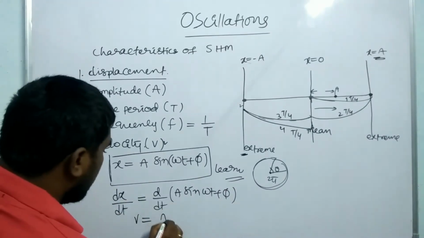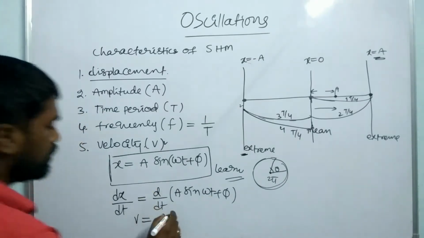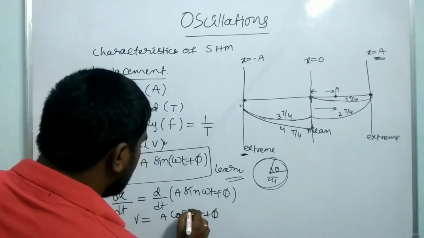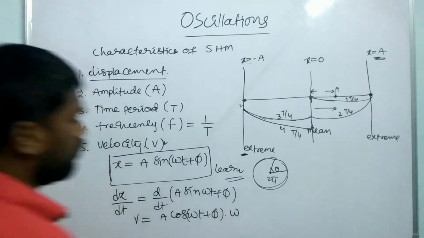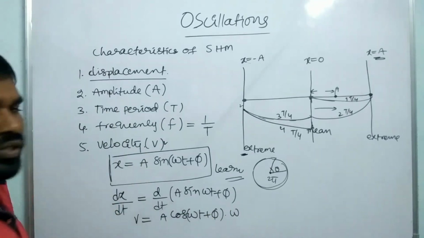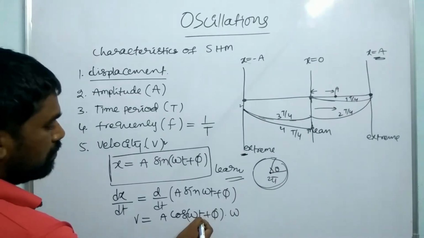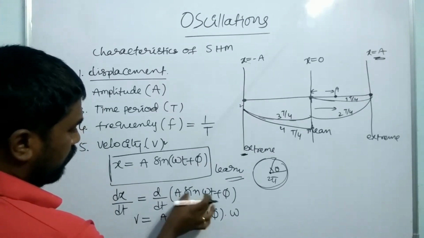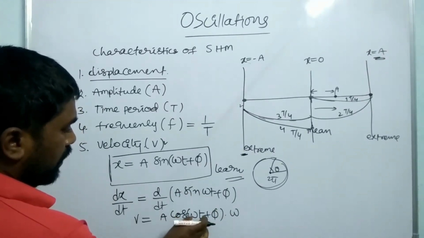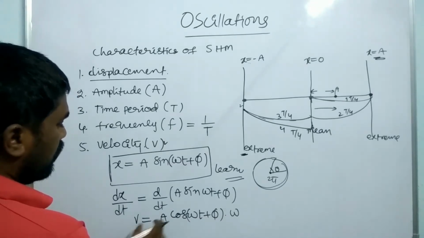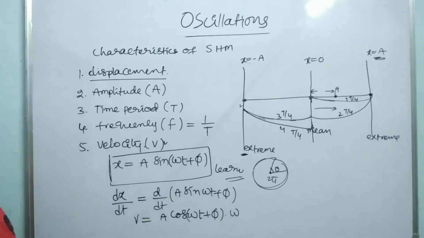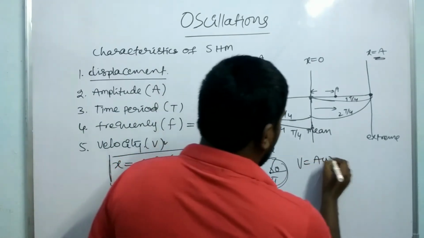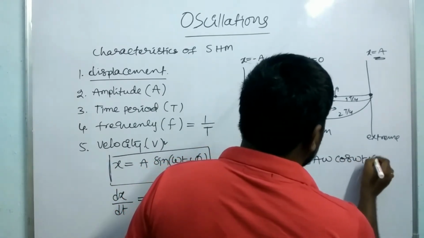The derivative of sin is cos, so we get cos(omega t plus phi), and the derivative of omega t gives omega. d phi by dt is equal to 0, as there is no time variation. So v is equal to A omega cos(omega t plus phi).